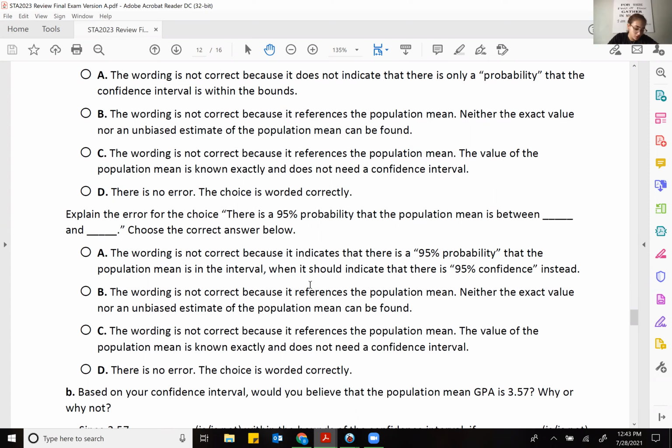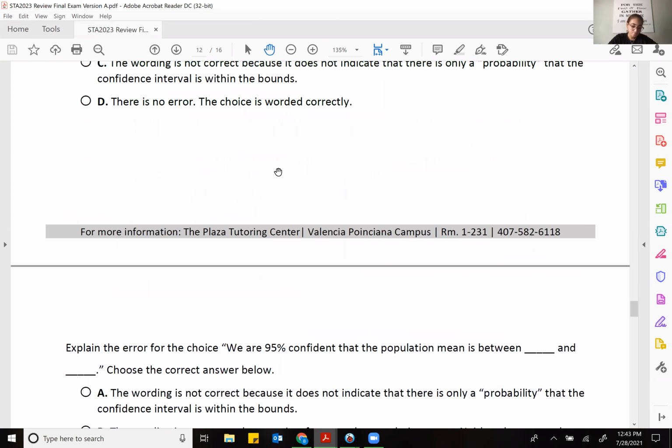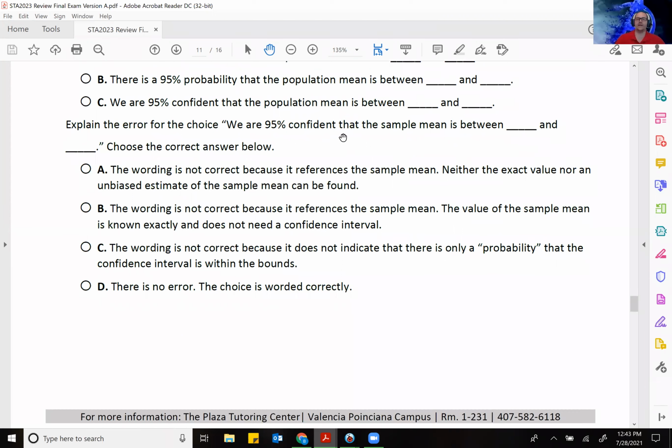Could you tell me again for the first one, after we did the math? Okay, we are 95% confident that the sample mean is between blank and blank. We picked B because it references the sample mean. We already know what the sample mean is, so we don't need a confidence interval for it.